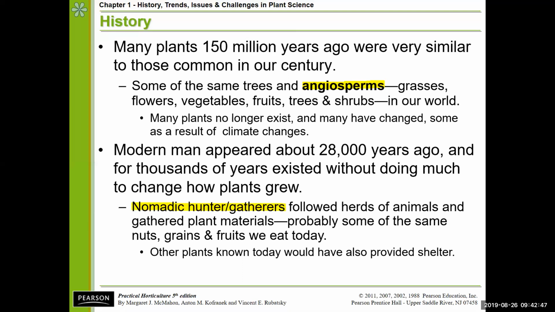But either way, what I want to point out is that for most of the time that human beings have been on planet Earth, right? We were nomadic hunters and gatherers. So really, biologically, we've evolved to hunt animals and gather plants, whether we use them for food or fiber or shelter.